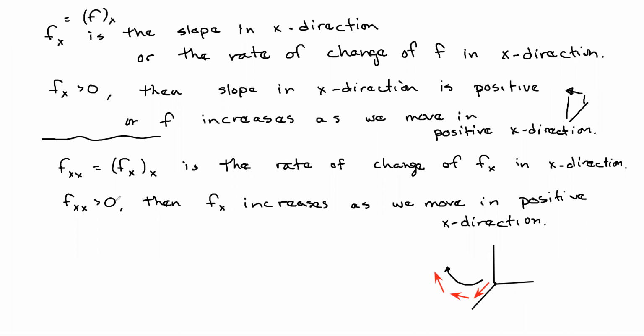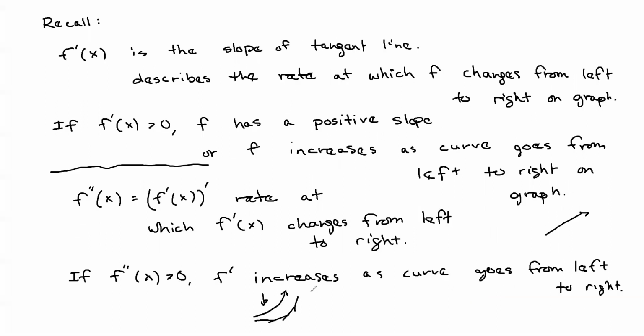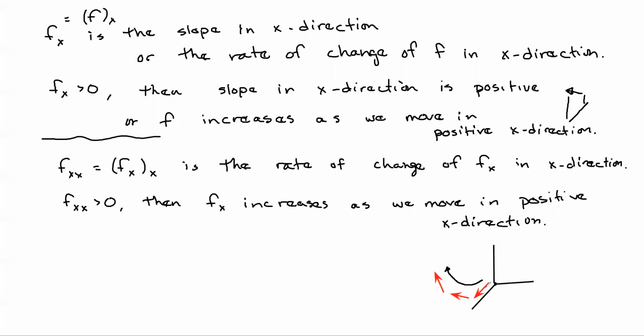So the second derivative with respect to x finds the concavity in the x direction. It's the same picture as before, except the slopes are now all in the x direction. So the second derivative with respect to x still gives us a measure of concavity.